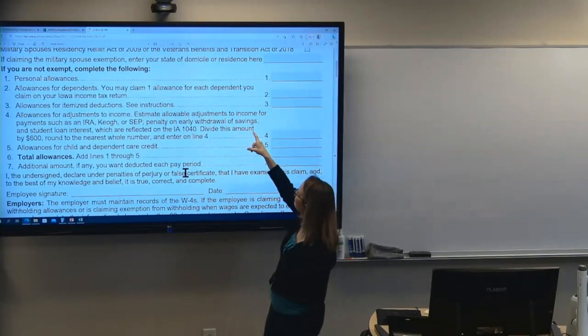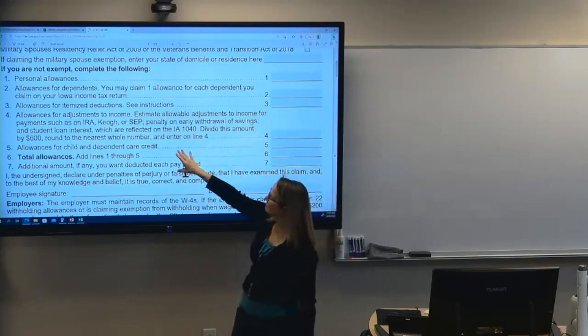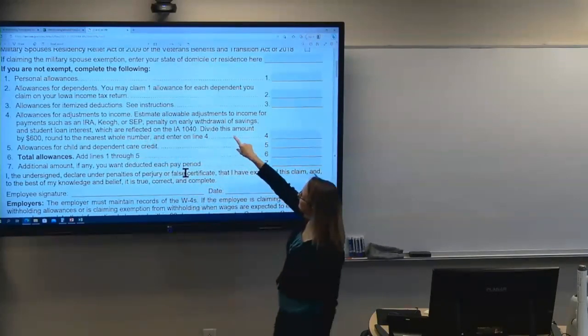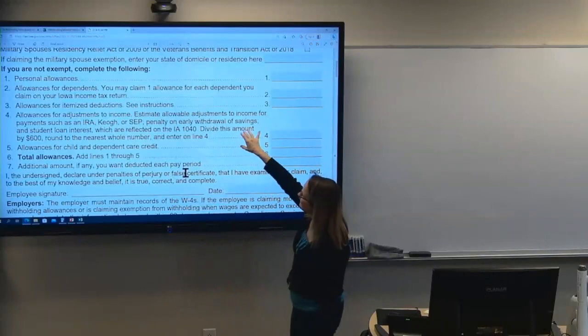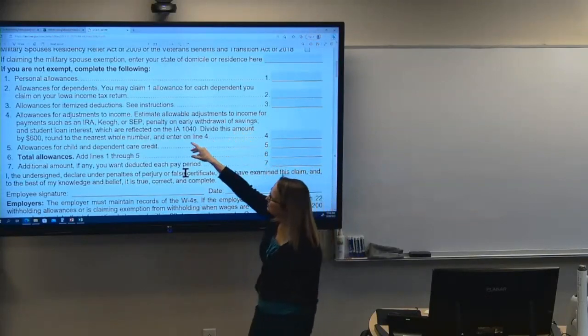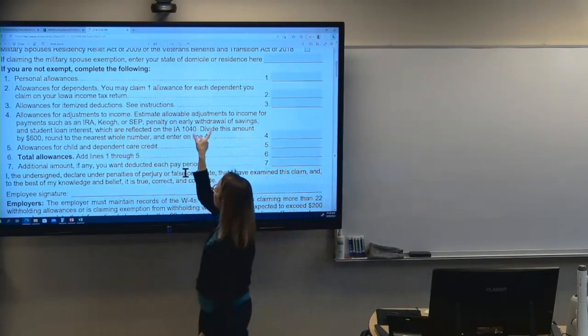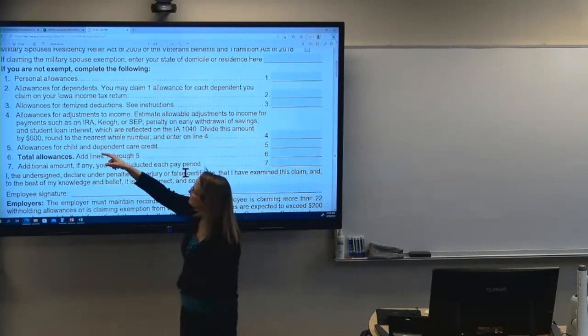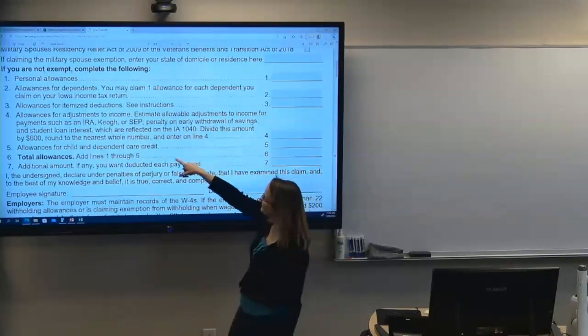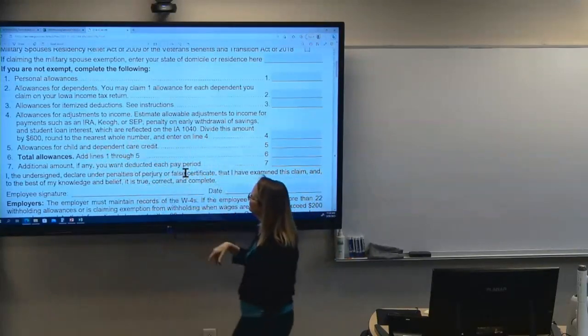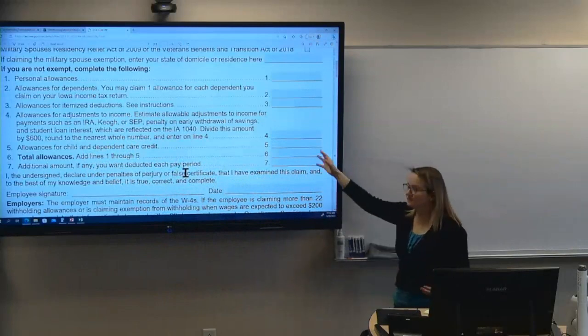So if you have payments such as an IRA, these are all retirement plans, penalty on early withdrawal of savings, student loan interest, these are reductions. So if you contributed to any of these, or if you paid a penalty or student loan interest, you total all of it up, divide it by 600, and then round it to the nearest whole number and enter it on line 4.